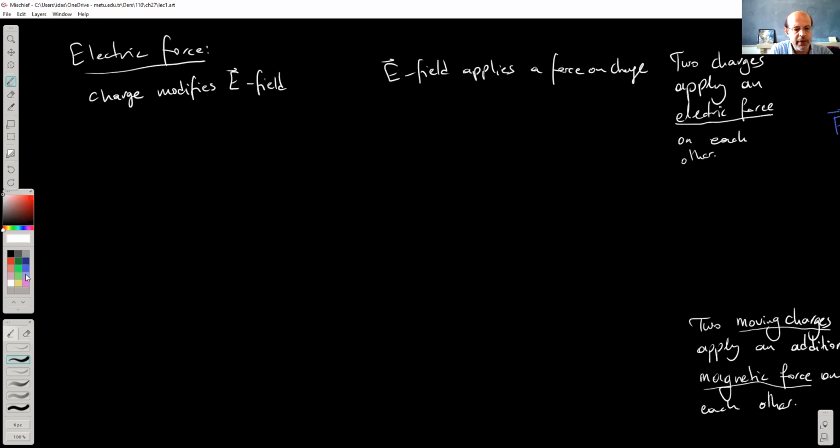So basically what we have said is like this. We have a charge in here, let's say Q1. We have said that this charge produces an electric field in space. So somehow the charges directly interact with the electric field.